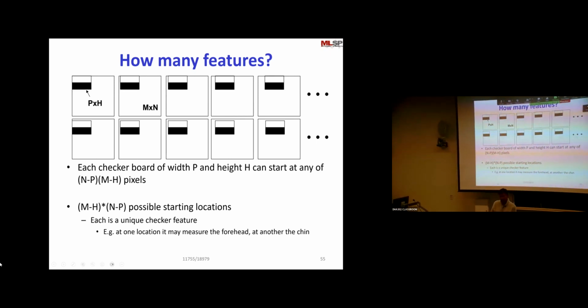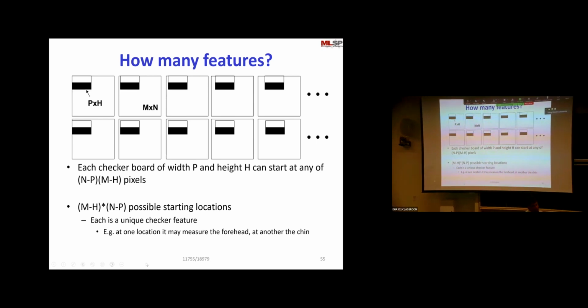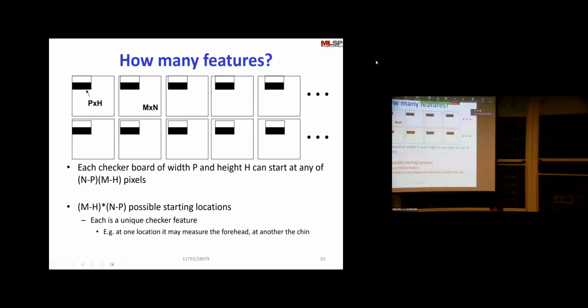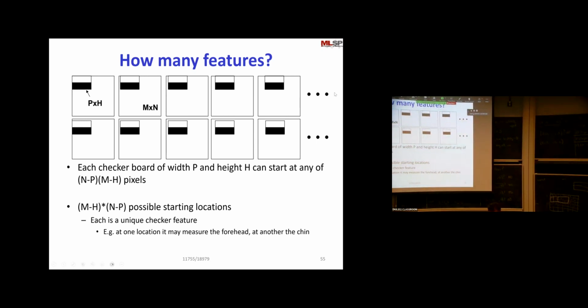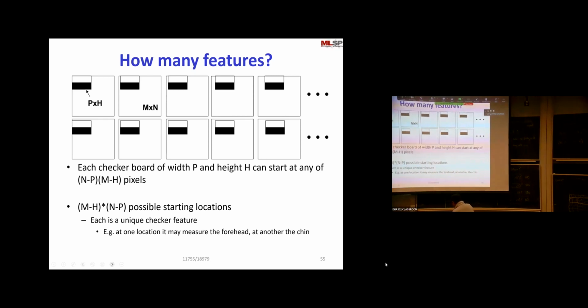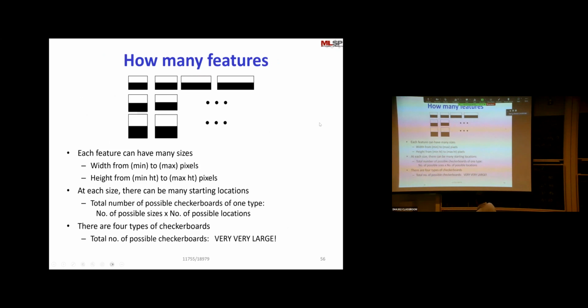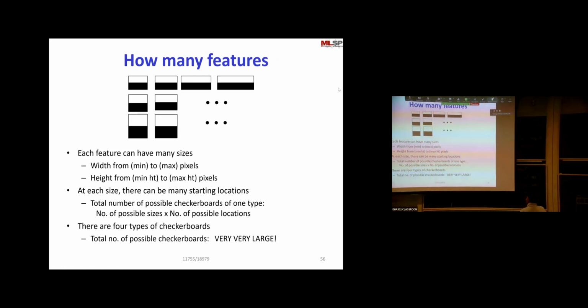So if you have 8 kinds of checkerboards, and each checkerboard has 50 different size values, 8 times 50 is 400, and then there are 1,000 different positions where you can place it. I mean, the actual number of features ends up being: each feature can have many sizes, height from min to max.